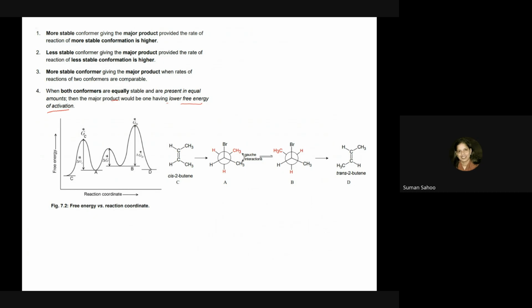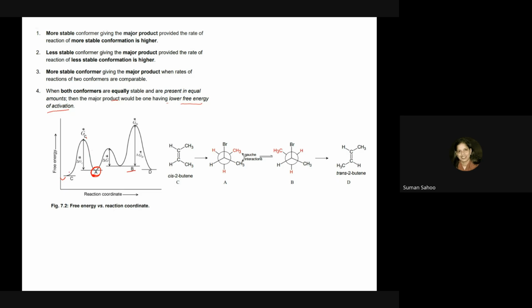For example, in this case, you have two conformers, A and B. Among these, A is more stable, as you can see, it is lower in energy, and B is higher in energy. A is actually the more stable conformer, and the reaction pathway by which it gives product C has lower free energy of activation.